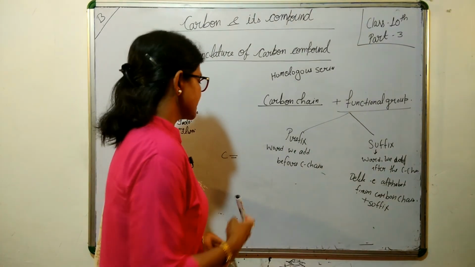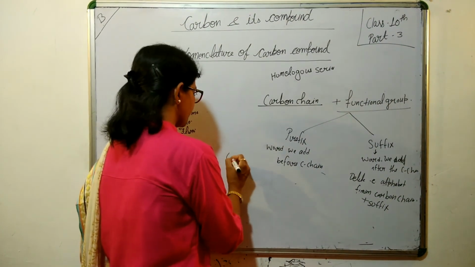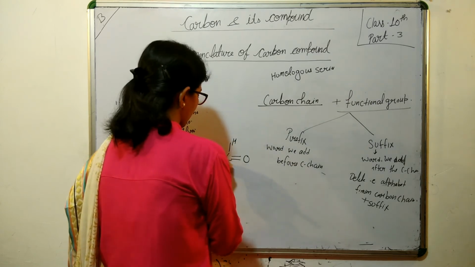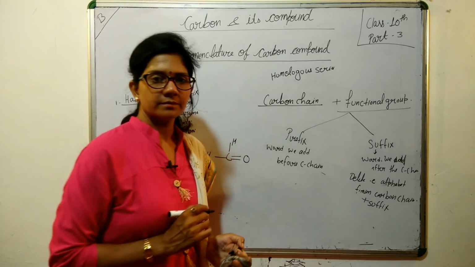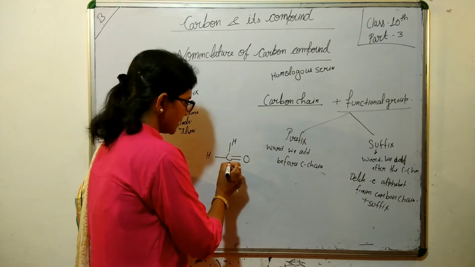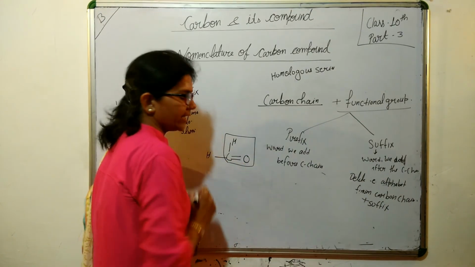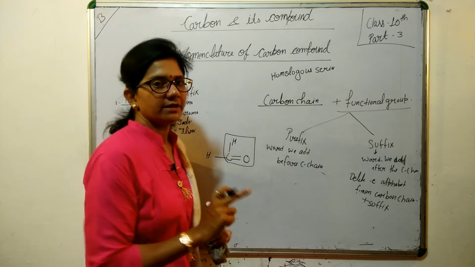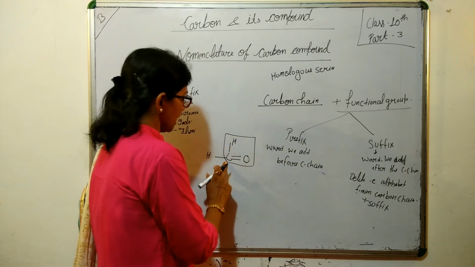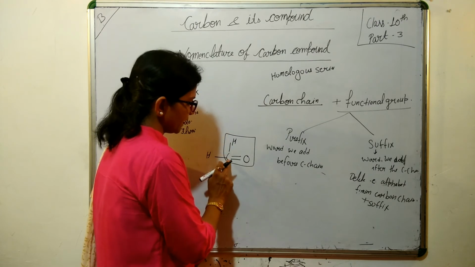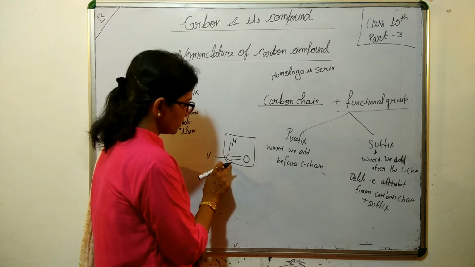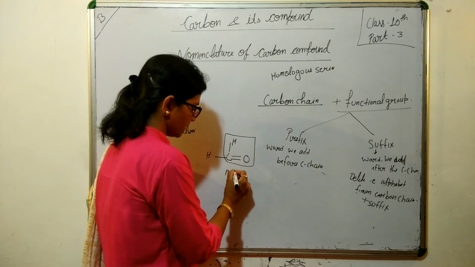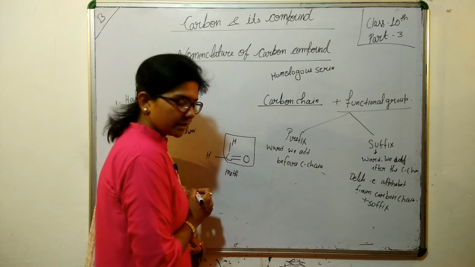Let's see the next example. If it is OH and again it is H. Okay, we can see it is your aldehyde group. This valency we are satisfying with hydrogen. If you want to provide its name, then you can see that there is one carbon, so it is methane. Okay, clear?